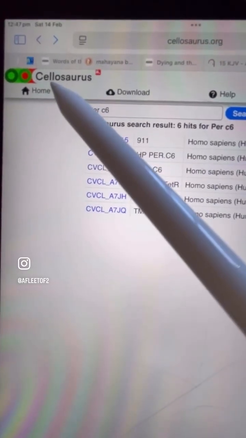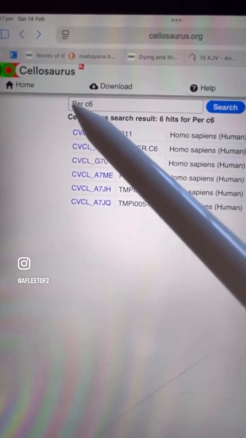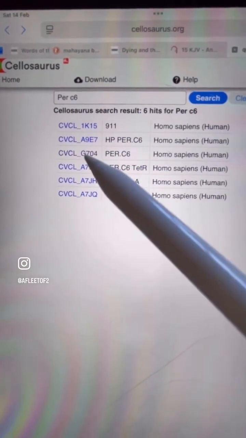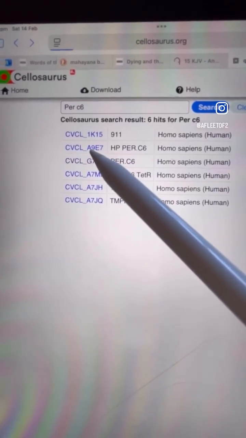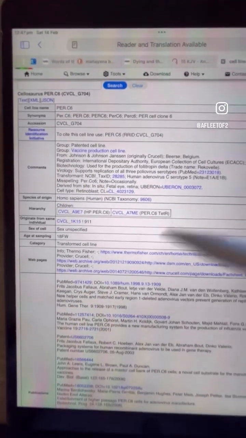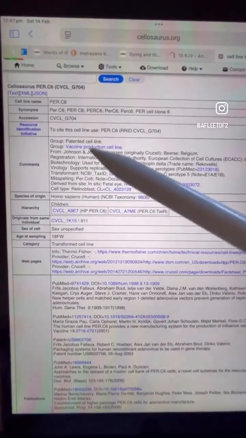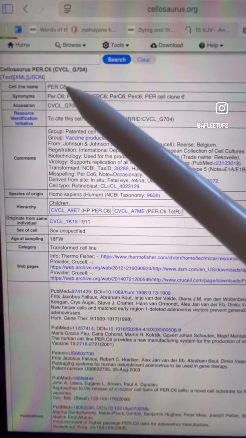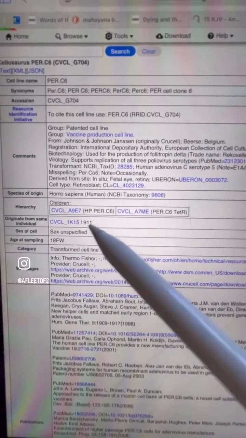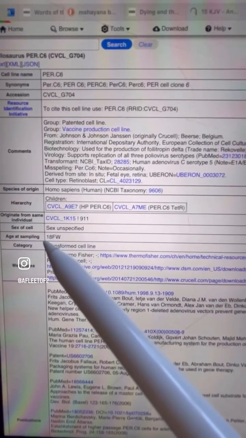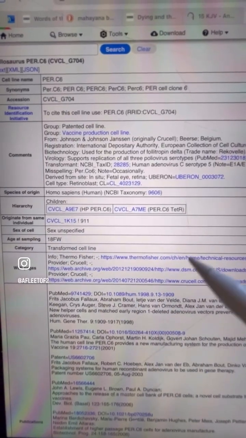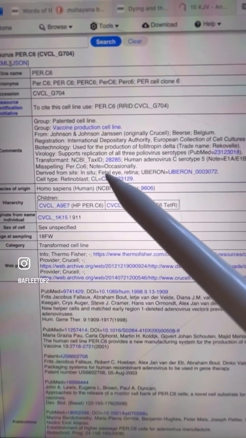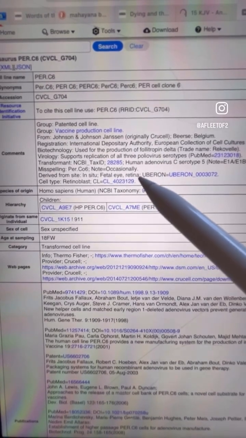If you go to Cellosaurus, you can type the cell line you're looking for. You just press on that. You will get the information. So the PER-C6, sex unspecified, but an 18 fetal week, and it is derived from the fetal eye retina.